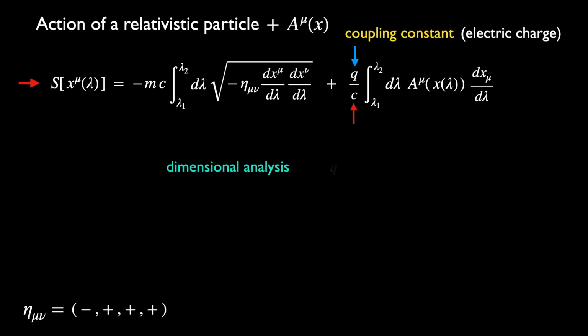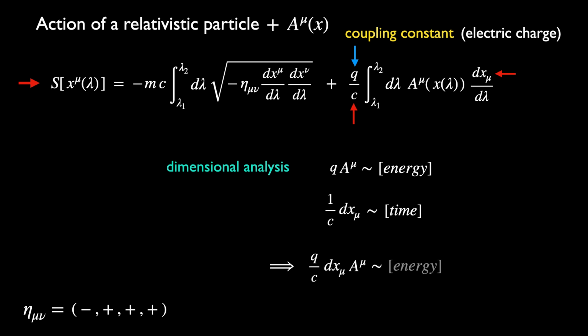We require Q times A to have dimensions of energy, so we treat A as some kind of potential, while dx over c has the dimensions of time. The parameter lambda need not be considered since we have equal factors of it in the numerator and the denominator. Indeed, these give the correct dimensions for an action.